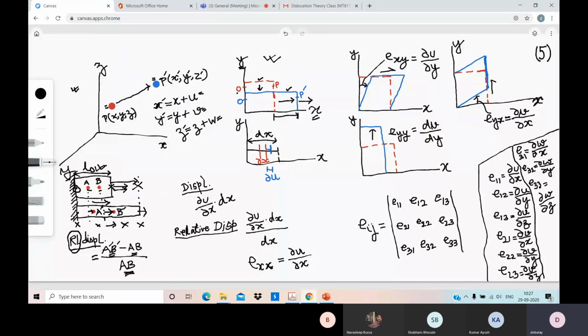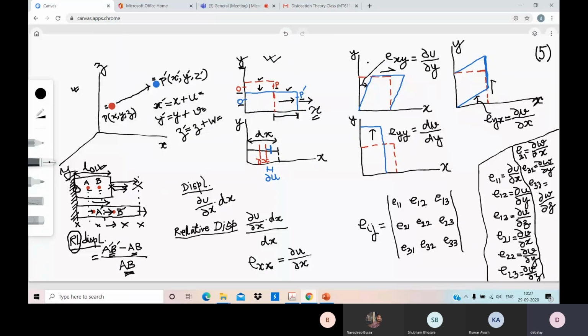Initially take 2 points, O and P. After it is stretched, point O remains at the same position, whereas point P moves farthest to the P dashed position. Any point in between O and P will go through a displacement which is more than the O point but less than the P point. So the displacement is happening along the direction x, and it is proportional to the direction x.